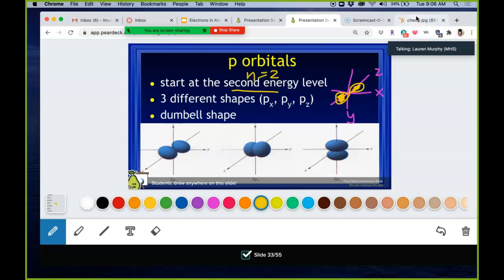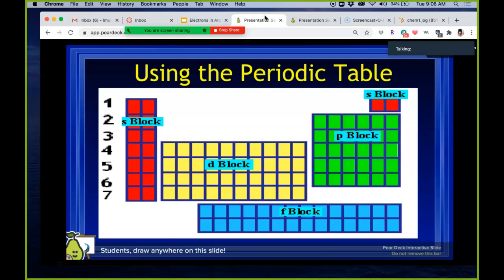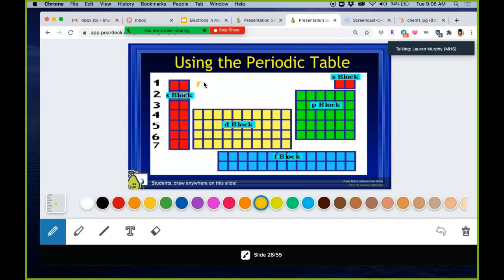Let's look at our periodic table. If you go back here, this is your first energy level, or first row, or first period, or n equals 1, okay? This whole row is n equals 1. Right here, this is n equals 2.